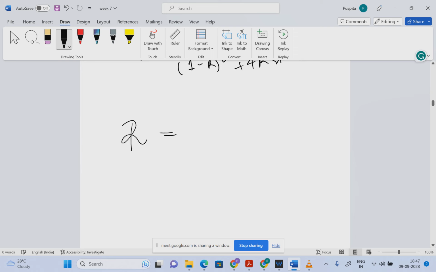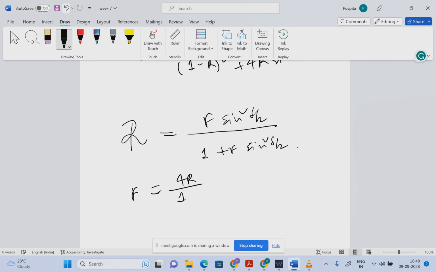So this reflectivity of the Fabry-Perot etalon is F sine square delta by 2 over 1 plus F sine square delta by 2, where F is 4R by (1 minus R) whole square. F is called the coefficient of finesse.